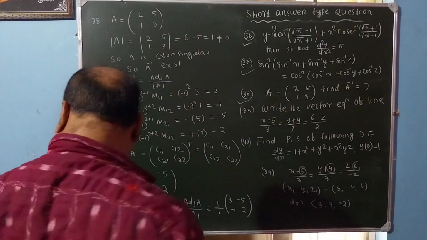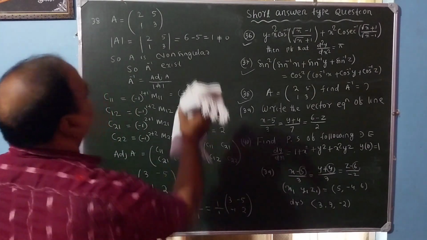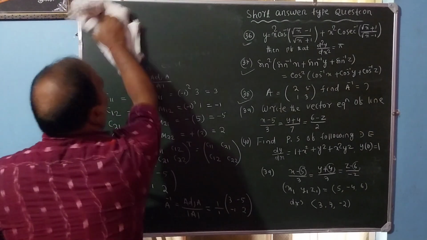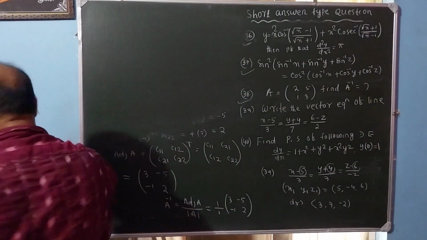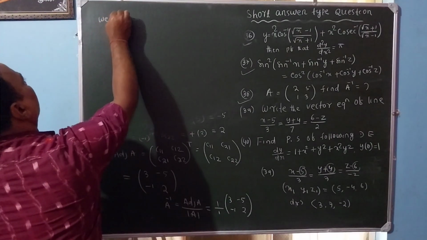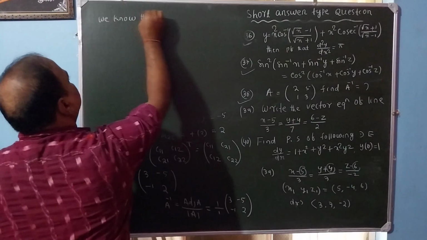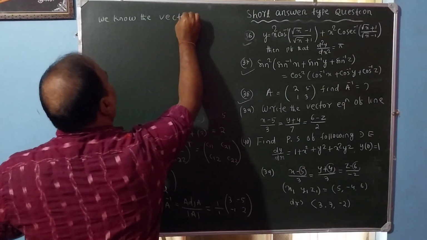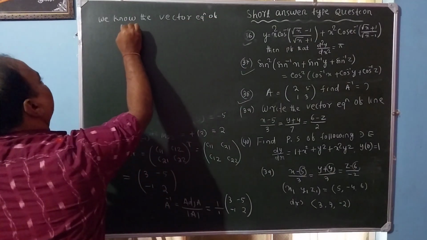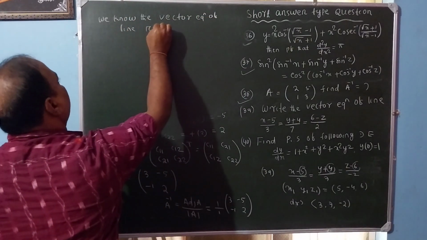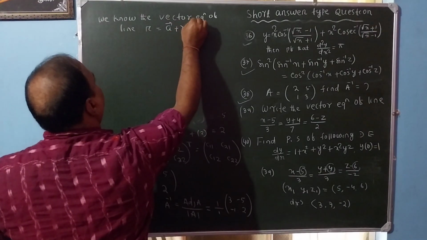Okay, we know the vector equation of line. Write down. We know the vector equation of line: r is equal to a vector plus lambda b vector.